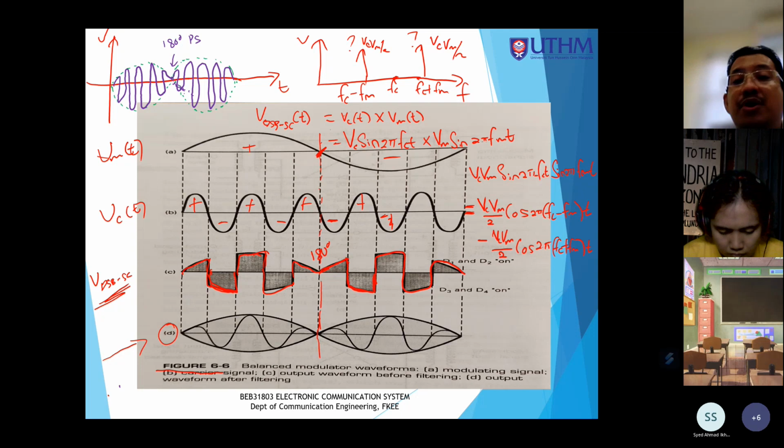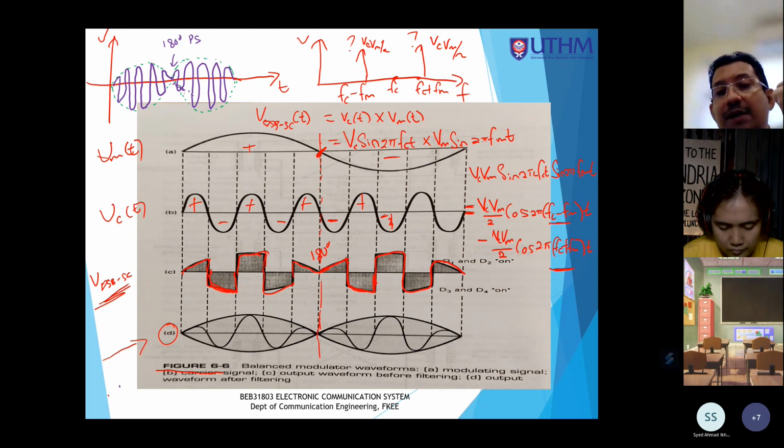So dia bukan Vm/2. Dia lagi besar daripada Vm/2, seperti yang kita lihat dalam double sideband full carrier yang kita lihat sebelum ini. Okay, so remember when you want to draw the frequency spectrum, you need to know the equations first. Okay, so daripada sini kita dah dapat tentukan frekuensinya, upper sideband dan juga lower sideband.